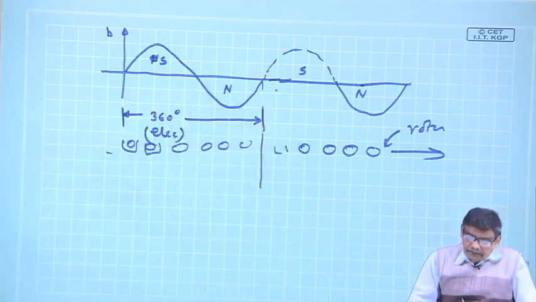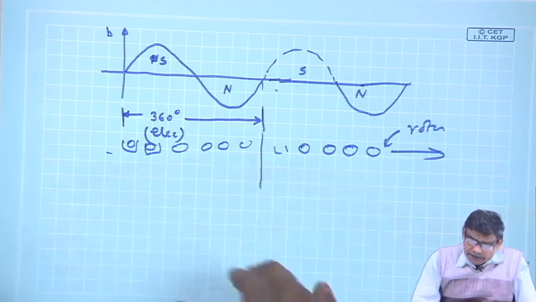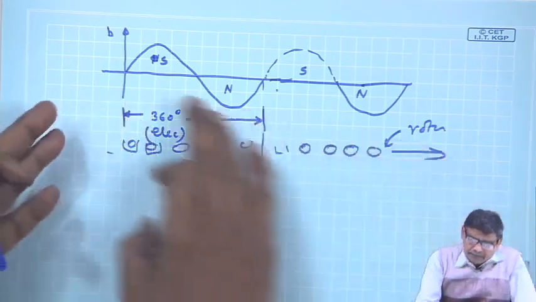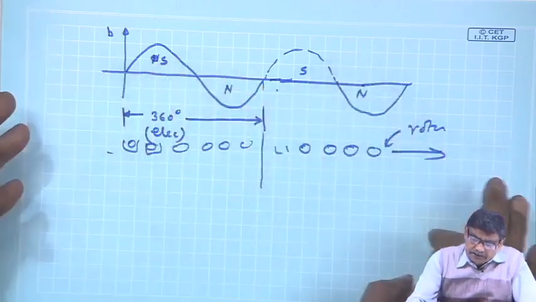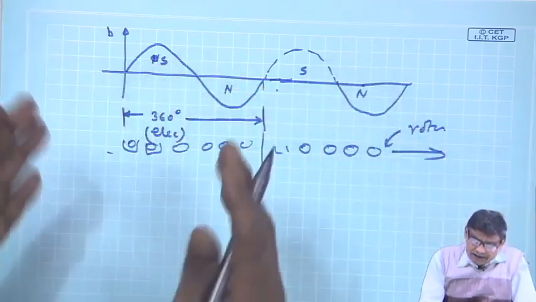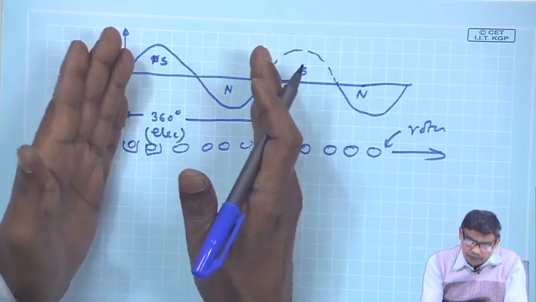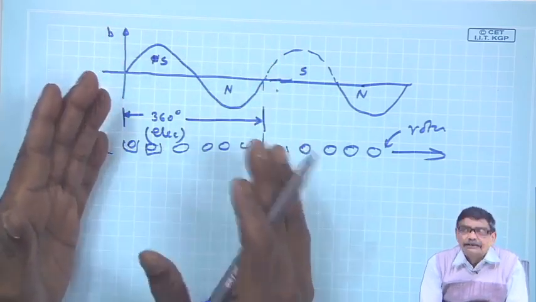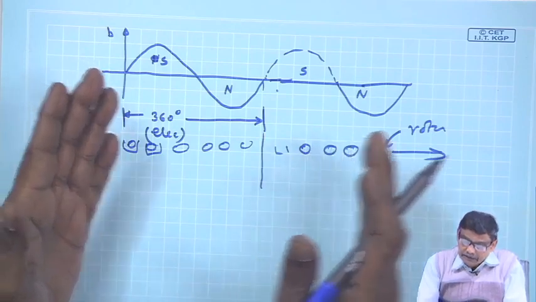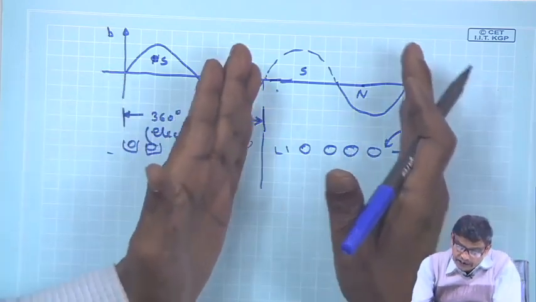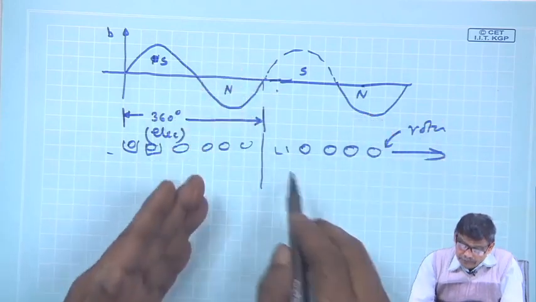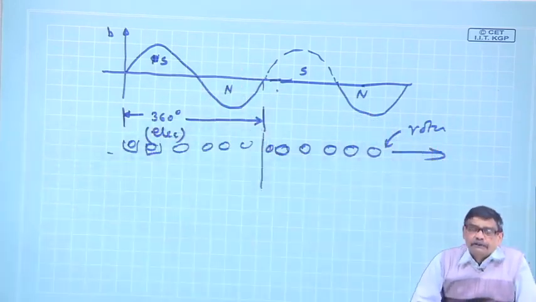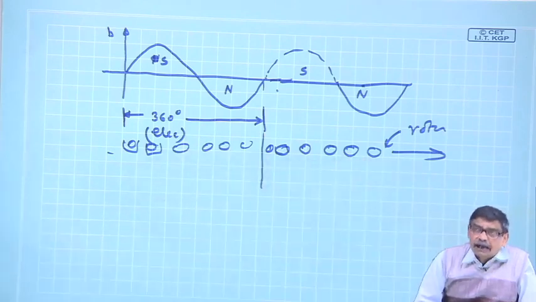What does it mean? Suppose it is moving, and these conductors are carrying some currents, and this is the field distribution. What I am saying is, whichever conductors are present under one pair of poles, it is a symmetric machine, so under the next pair of poles, the same number of similar conductors will be present, and they are expected to carry current.